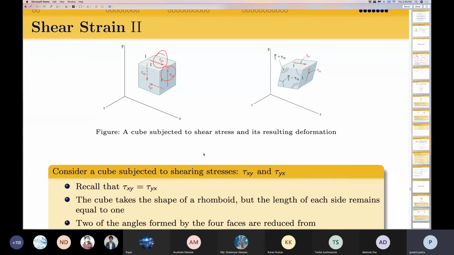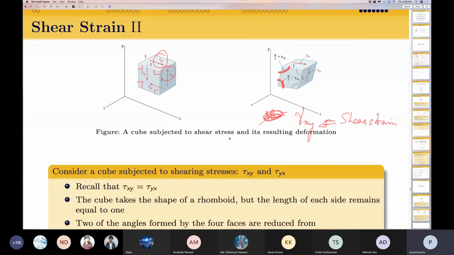In such a situation, when you have tau xy and tau yx acting on this cube, the initial angle of the faces, which was 90 degrees, no longer remains at 90 degrees. They are going to be equal to 90 plus some angle theta and 90 minus some angle theta. So the angle between the faces has changed, and this change in angle, which in this case is gamma xy, is what is known as the shear strain.